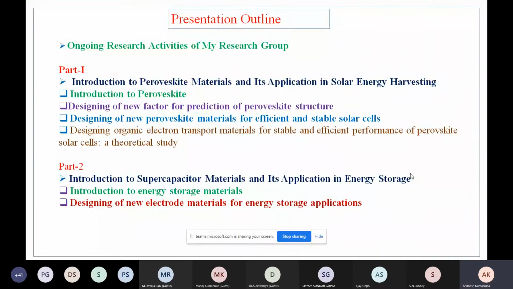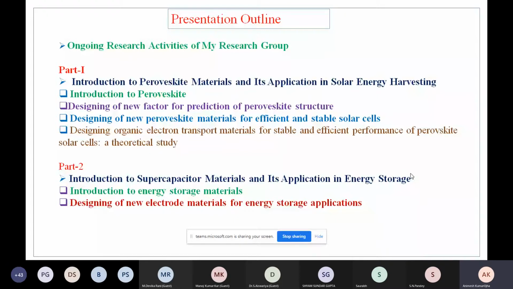There are different aspects of this perovskite solar cell. I will start with designing of material that can harvest maximum energy from the sun, so that it can later be converted into electrical energy efficiently. Then we'll talk about stability, and I will also have a few slides on the electron transport layer, which is also a part of the construction of solar cells.